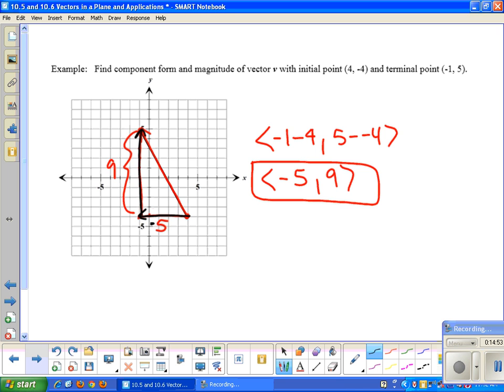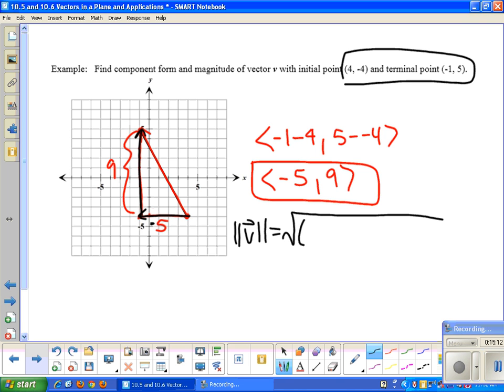Now I want to find the magnitude. So to find the magnitude of this, I'm just trying to find the length of vector v. So to find the length, I can just use my Pythagorean theorem. So we have the square root of, and we can do one of two things. We can use the points that were given right here, or we found our horizontal and vertical components, and then we can just use that. So that's what I'm going to do.